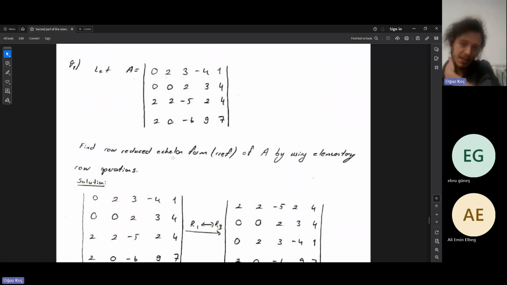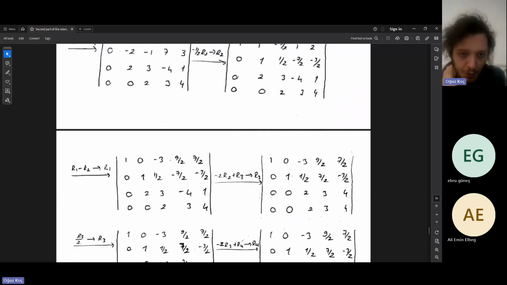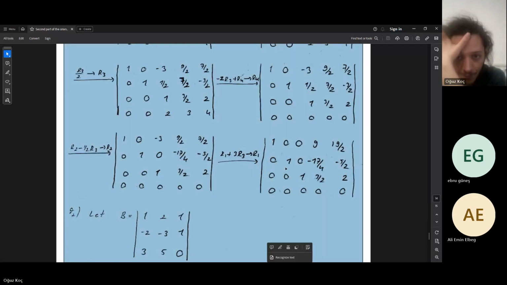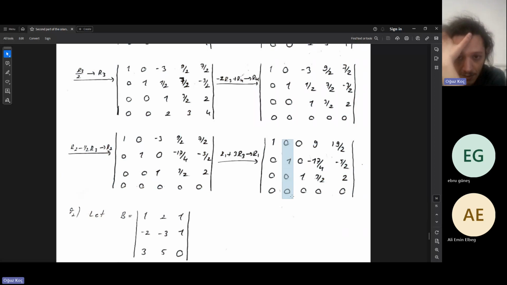Okay. Actually, our aim here is to find a version of the matrix that creates leading values of 1 in the columns, and in those columns, the values other than the 1 have to be 0. As you can see here, there is only one 1 in this column and in this column.